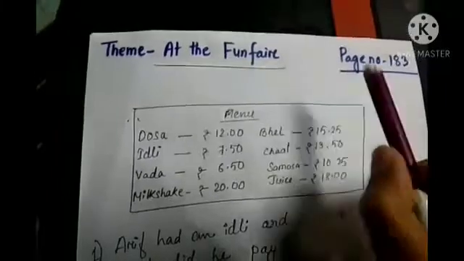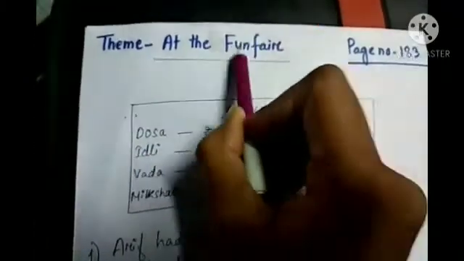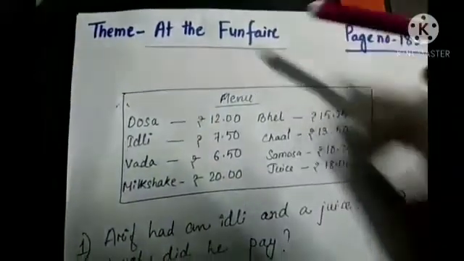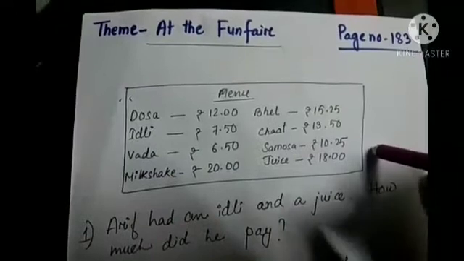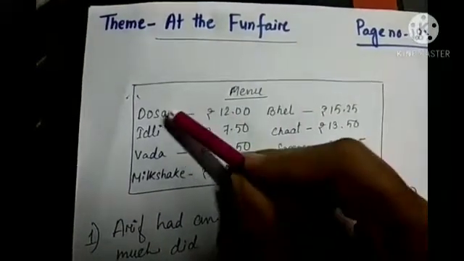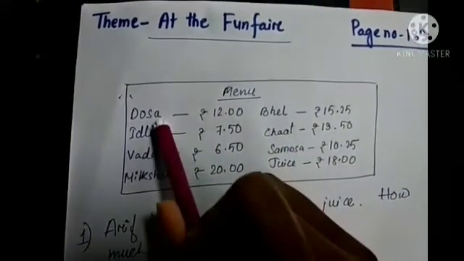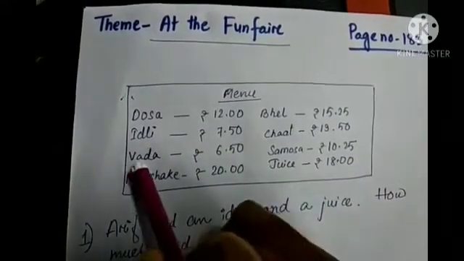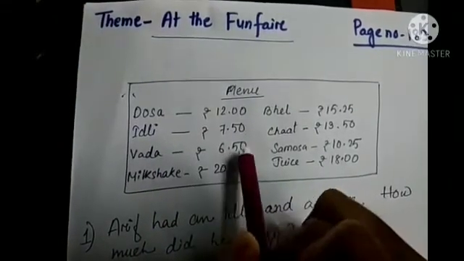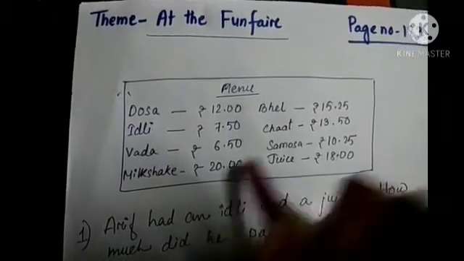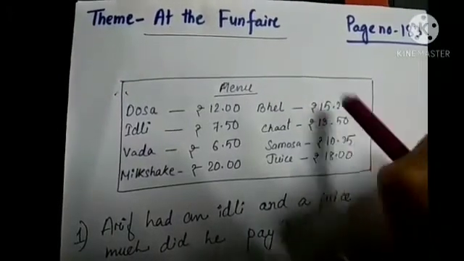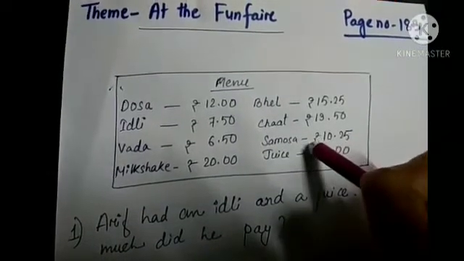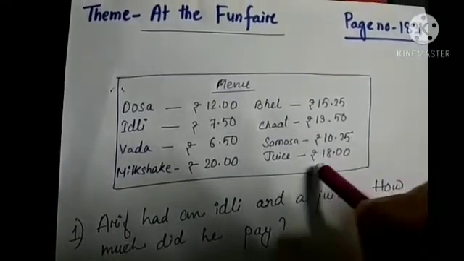Here I have taken one theme, at the fun fair. Some children went to a fun fair, and there was a menu with some items written: dosa rupees 12, idli 7.50, vada rupees 6.50, milkshake rupees 20, bhel 15.25, chaat 13.50, samosa rupees 10.25, and juice 18 rupees.